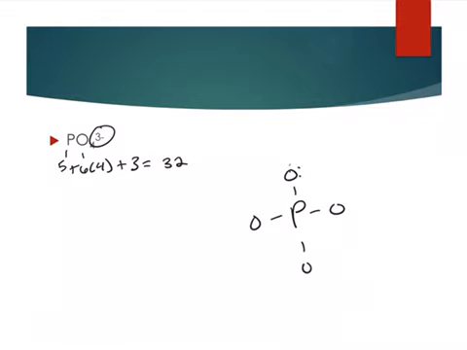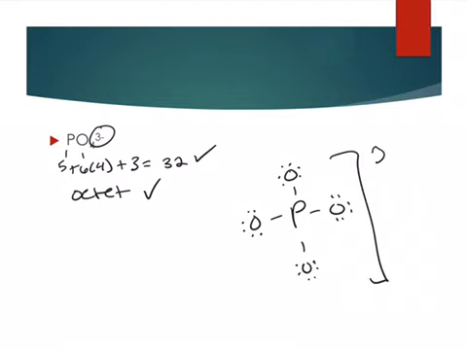So you end up just putting lone pairs around all the oxygens. And as you put lone pairs around all the oxygens, that adds up to a total of 32 electrons. And then, of course, check your octet. And everybody's octet is fulfilled. To finish off this polyatomic ion, put it in brackets with the charge on the outside.